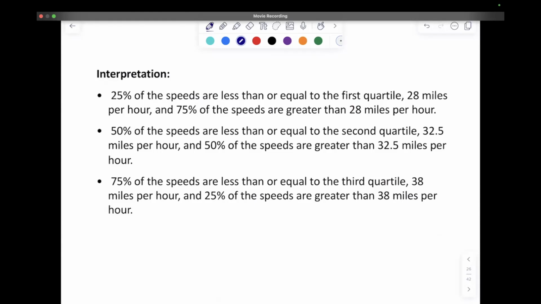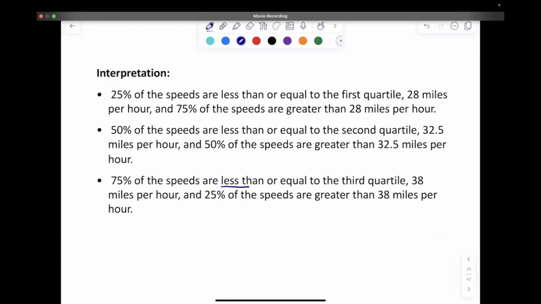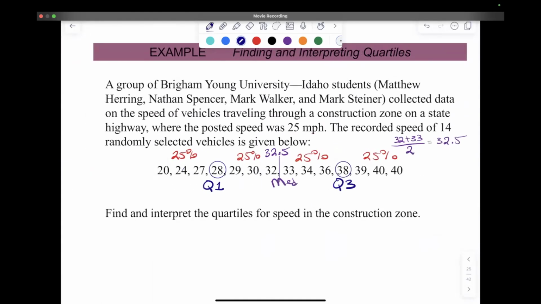Notice this right here, though. This is important. Less than or equal. So this right here is included in the bottom part because it is a data value. This right here is included in this technically because it is a data value.